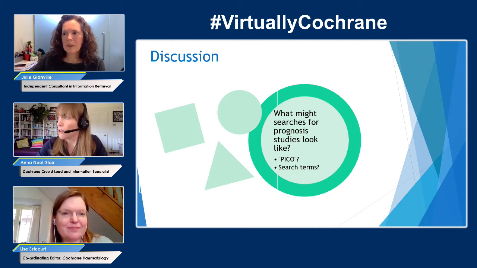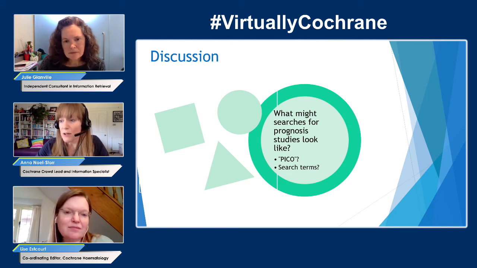And I guess for me, when I am developing a search for a prognosis review, I think it's even more important to engage as early as possible with the review author team about exactly what they're hoping their review is about. Expect quite an iterative process, I think.